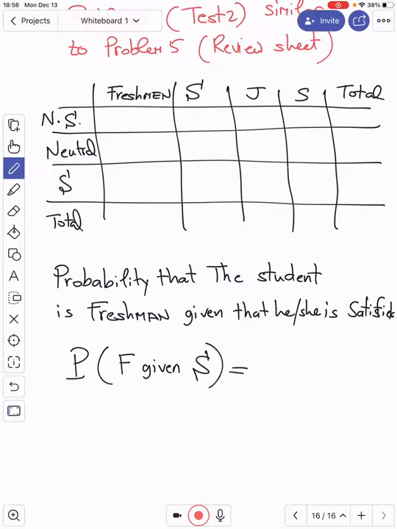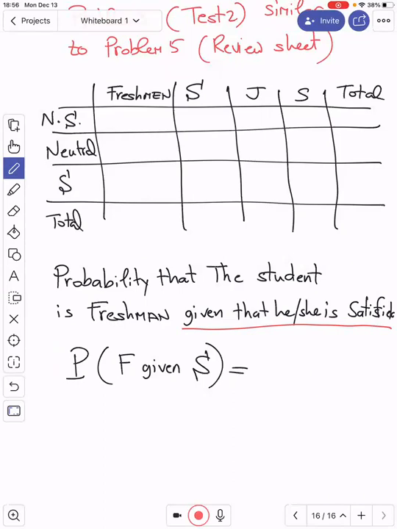So first, guys, when we say given that he or she is satisfied, we know for a fact that the student is satisfied, right? Because it's given. So it's not just a random student here, it's a satisfied student. The sample here is not all the students, it's just satisfied students.